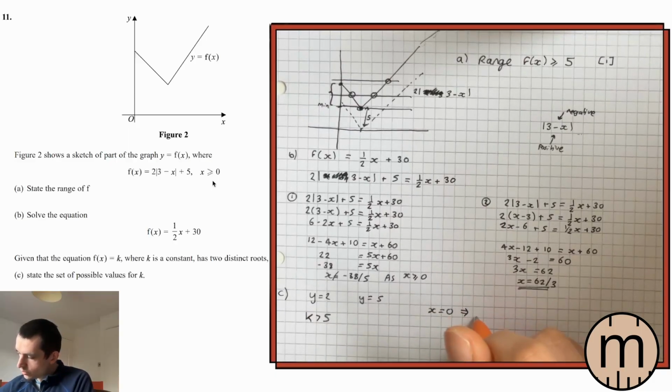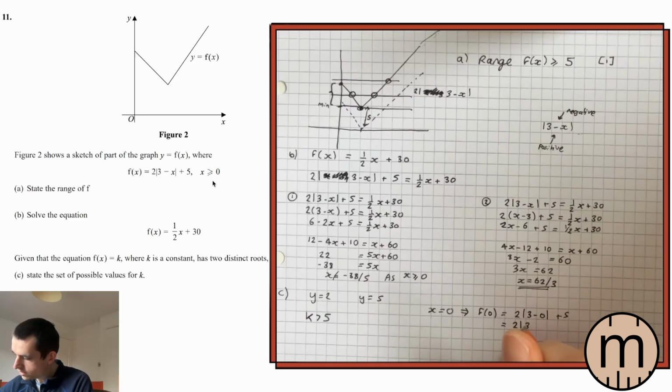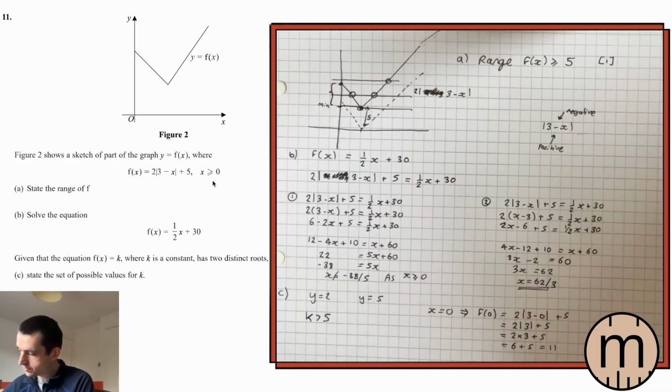So x equals 0 implies that f of 0 is 2 lots of the modulus of 3 minus 0 plus 5. The modulus of 3 is 3 because 3 is already positive. So we get 11.